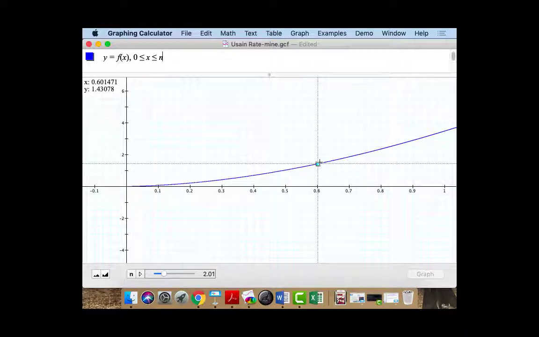But let's see, if I'm at this 0.6 and 1.4, that means after 0.6 of a second, he's run 1.4 meters. If I look at time 1, he's gone about 3.5 meters. I could judge saying, well, it's probably pretty close, just doing standard linear computations that you learned long ago.